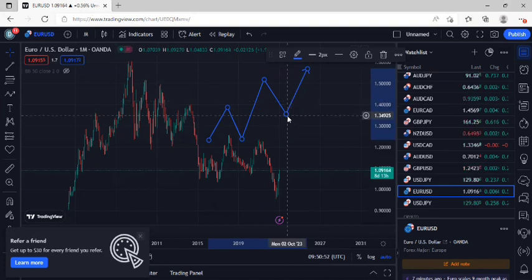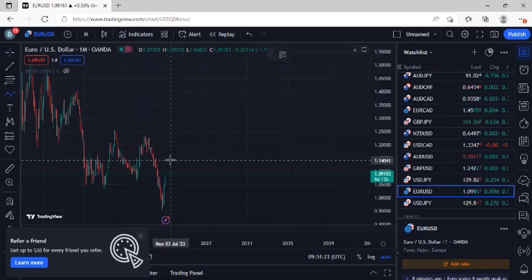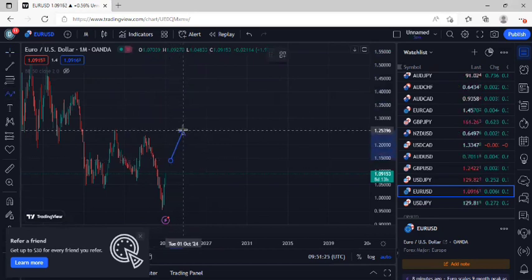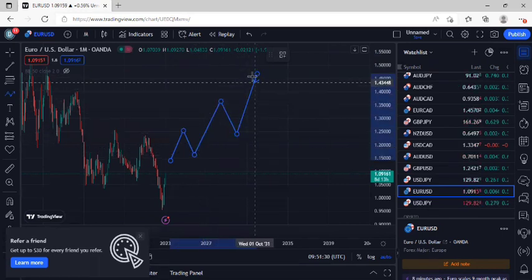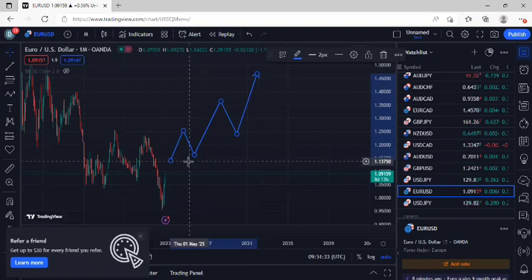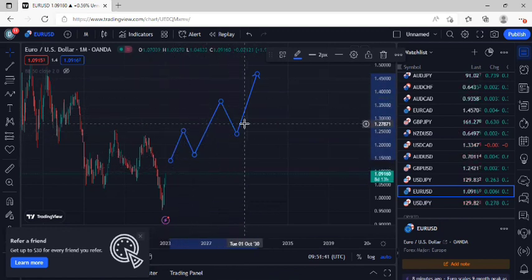So now, how do you use this to determine the direction of the market? How do you use it to know the trend continuation or the trend reversal? Look at this drawing that I have here: the high, the low, the higher high, the higher low, the higher high. This is the structure of a particular market, the price movement of this particular instrument.